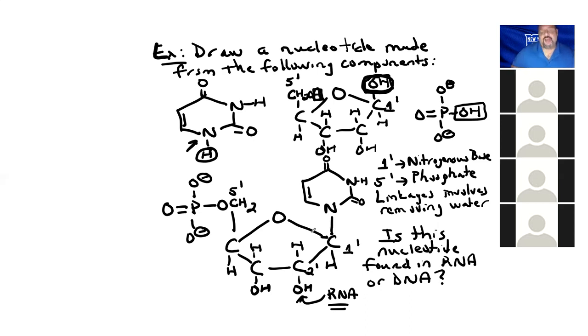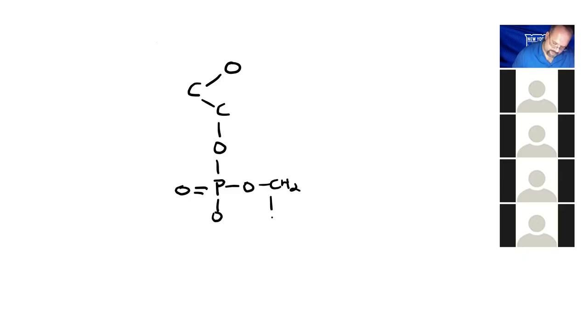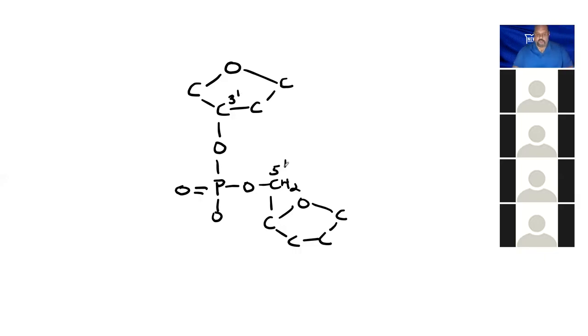When you link nucleotides together to give a nucleic acid, remember the connectivity that you end up having really connects the 3' carbon of the sugar in one nucleotide to the 5' carbon of the sugar in the next nucleotide.